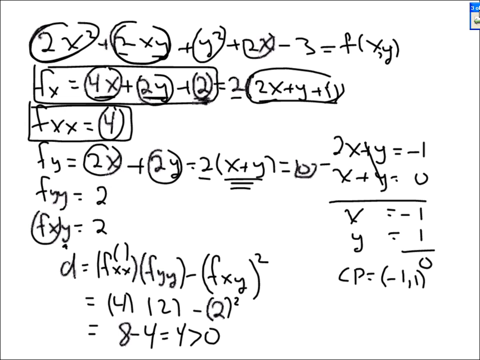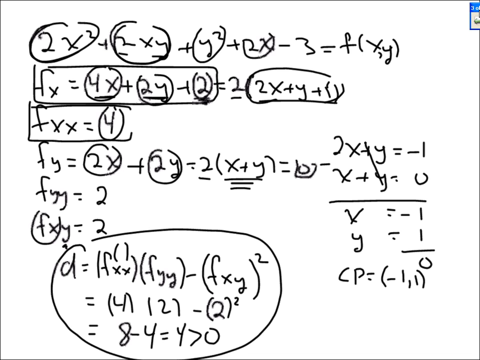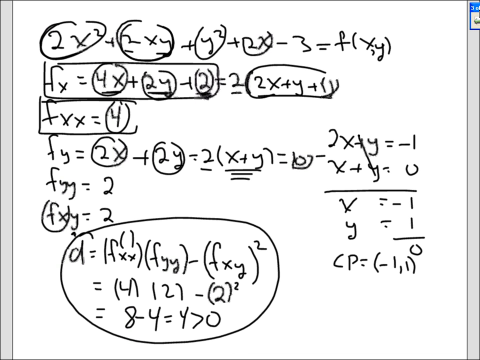Since d is bigger than 0, if d is less than 0, then what does that tell you, d is less than 0? If d is less than 0, there's a saddle point. If d equals 0, the test didn't give you any information. If d is bigger than 0, you have to look at f_xx.